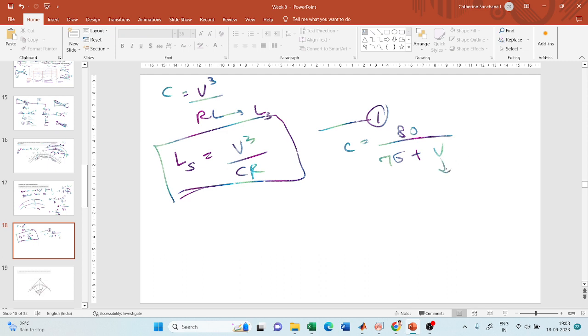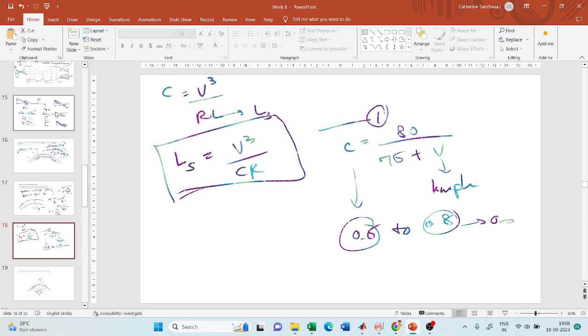So this V has units of kilometers per hour, and the range of C is between 0.5 and 0.8. If it exceeds 0.8, you should take it as 0.8, and if it goes below 0.5, you should take it as 0.5. So this is the range for rate of change of centrifugal acceleration. So this is equation number 1.